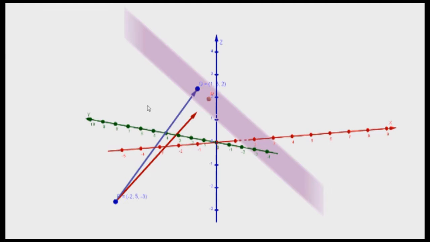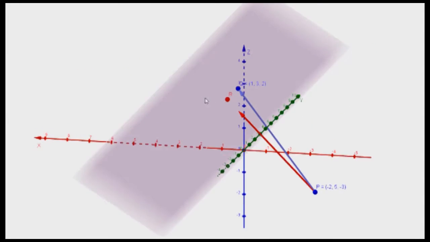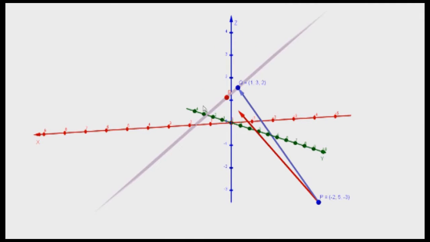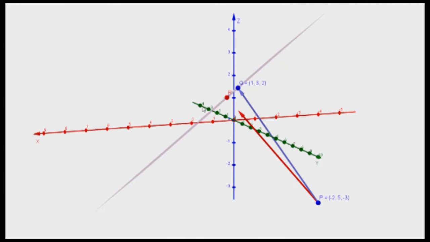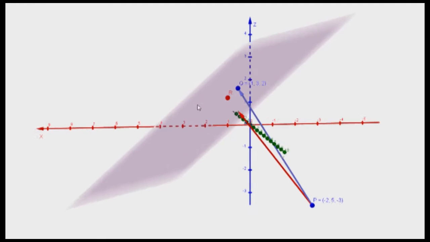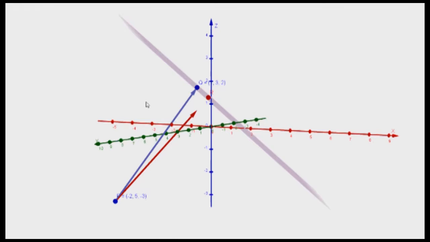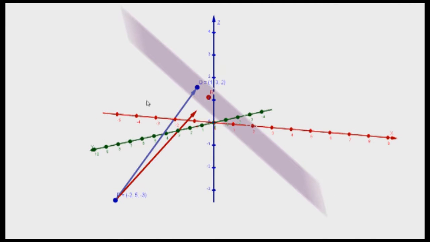Now what we're actually after is the length of the projection of PQ onto the normal. The length of the normal is actually only about 5.39.